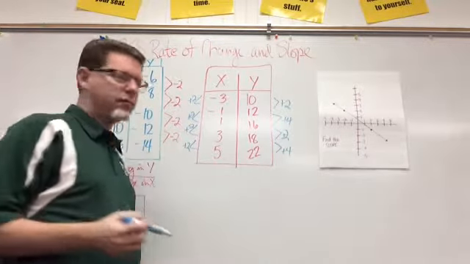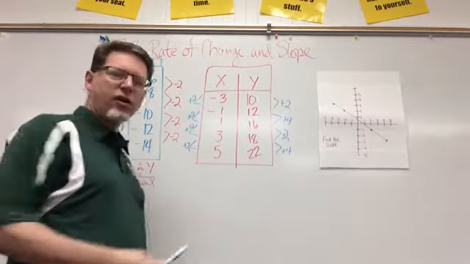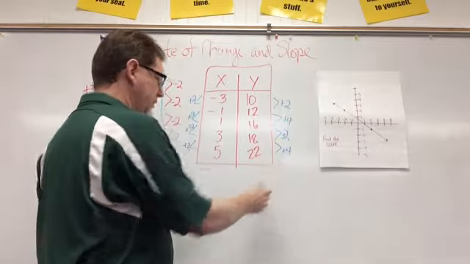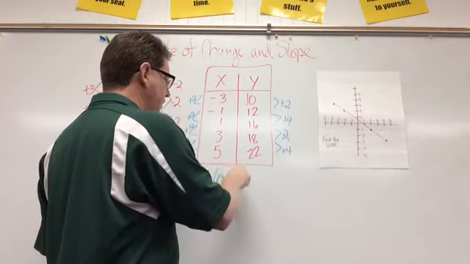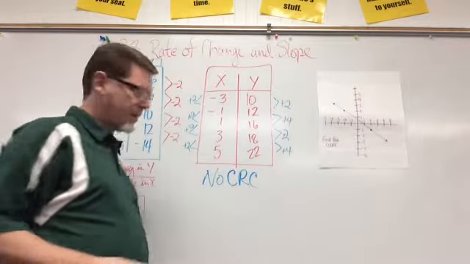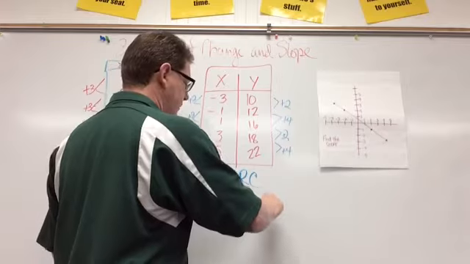There's a problem. The x's constant rate of change are all the same. The y values are different. That means there's no constant rate of change. So this is not a linear function.